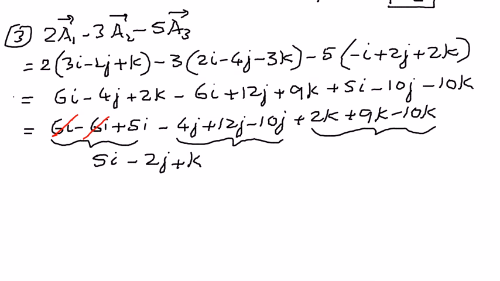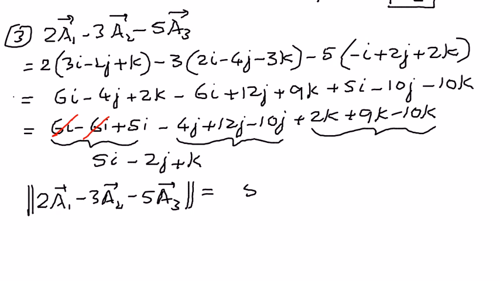Now we want to find the magnitude of this, 2a1 minus 3a2 minus 5 vector a3, and that is going to be equal to 5 squared plus negative 2 squared plus 1 squared, like that.